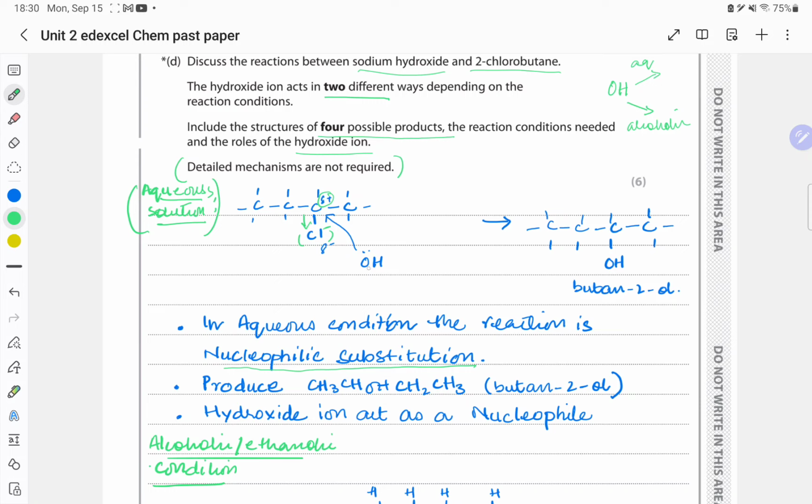So the hydroxide ion is attracted toward the carbocation, acting as a nucleophile here.